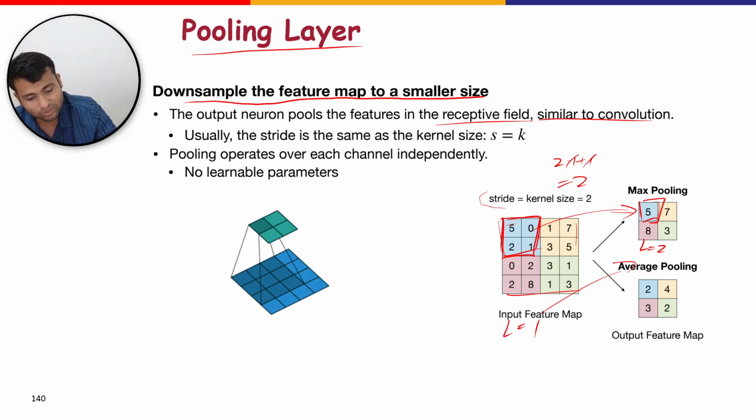But a very important thing here is that we can do the same operation of downsampling the image, so that the receptive field is 2 cross 2 for the layer. But the special part is that there are no learnable parameters here. So computationally it's not expensive, but it is still downsampling.